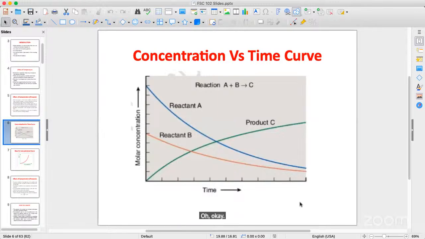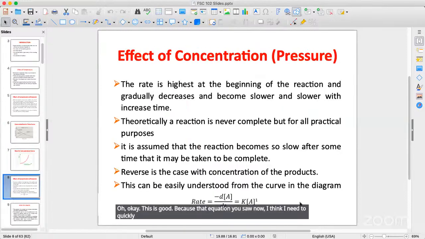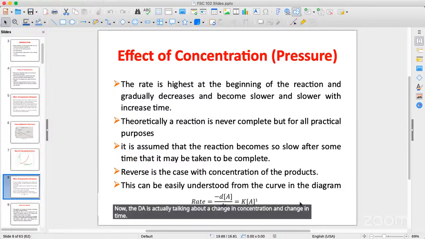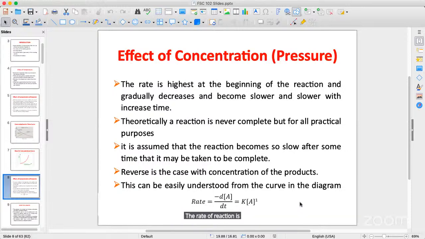This is because of that equation you saw, rate is equal to minus dA/dt. The dA is talking about the change in concentration, and dt the change in time. The rate of reaction is the change in concentration with time. That is your rate of reaction.